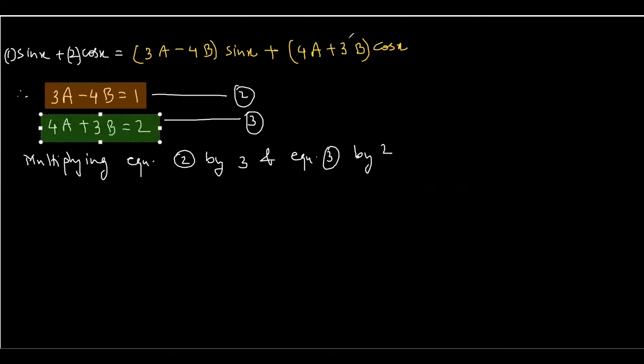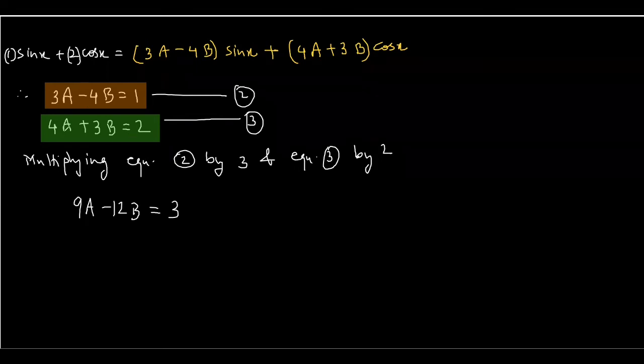So what I will get, see, multiply by 3. So 9A minus 12B equals 3, and here what I will get, 8A. Oh, students, I made a mistake here. This I should have written what? Multiplied by 4. Okay, let me change this. Multiply equation 3 by 4, not by 2.